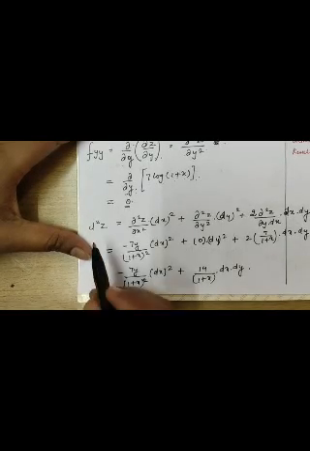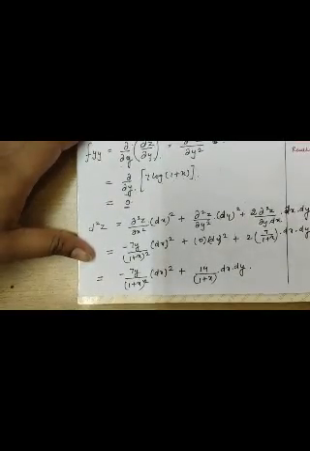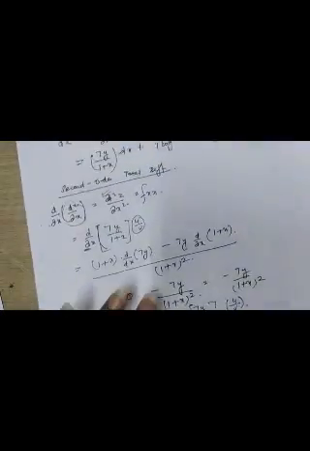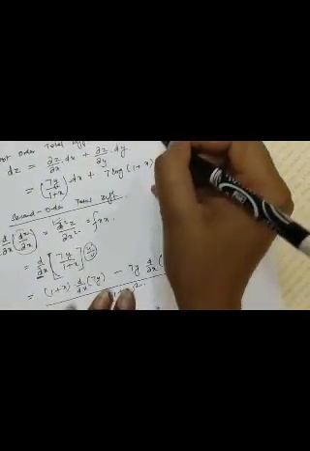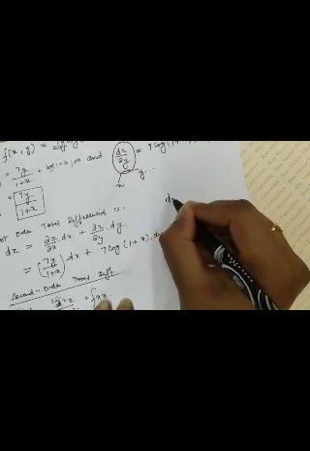Now, what is the formula of second order derivative, second order total differential? In first order we found dz.